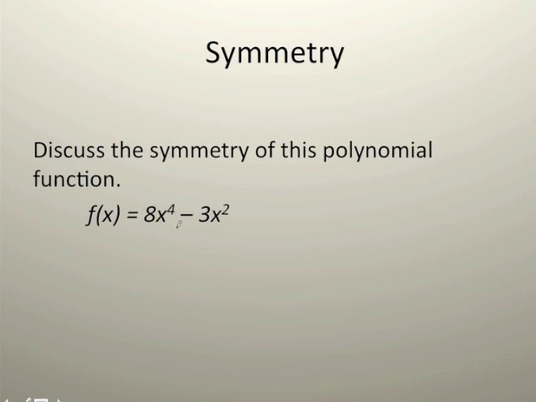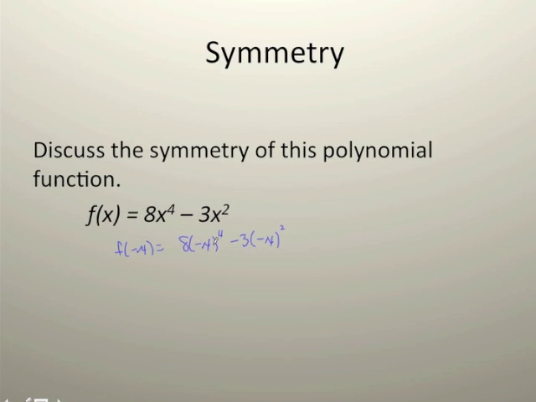Well, it is not a quadratic, so let's find what f(-x) is. That's 8 times (-x) to the fourth minus 3 times (-x) squared.